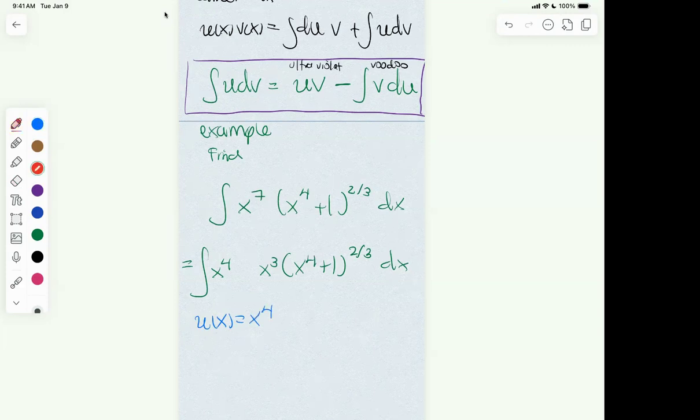And I'll call the rest dv, or v prime, I'll just call it dv for now. So it will be x cubed times x to the 4 plus 1 to the 2/3 times dx.